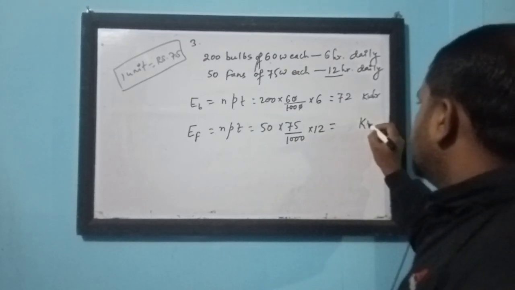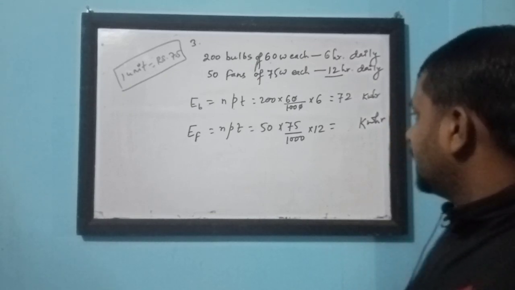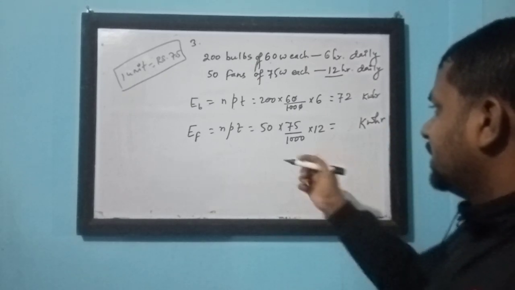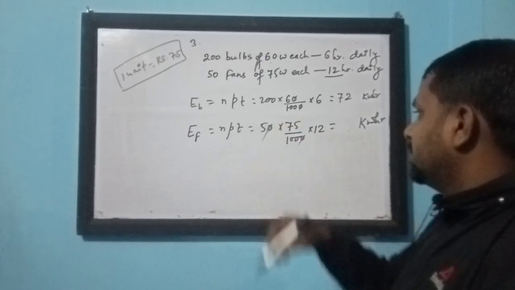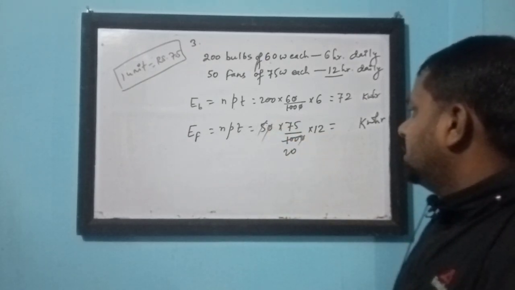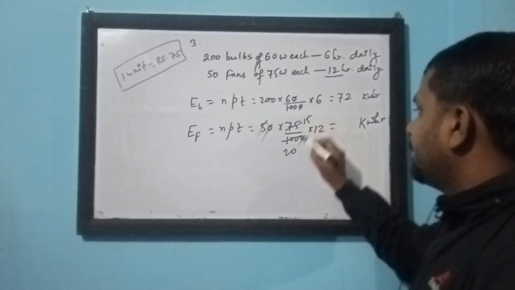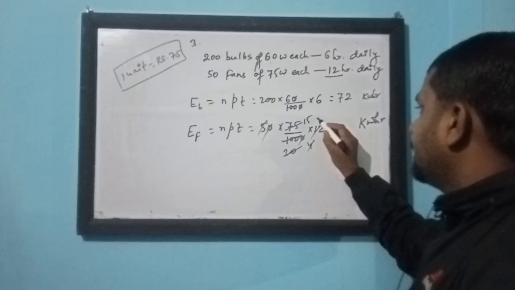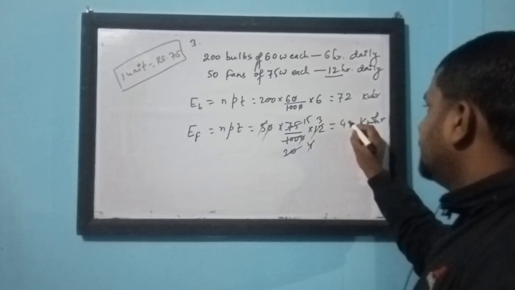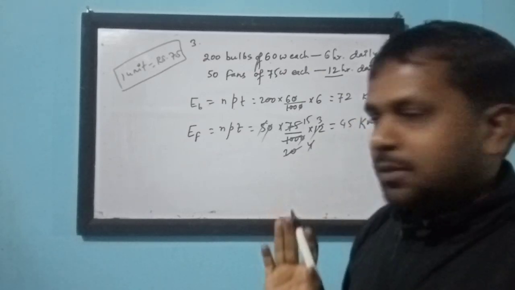If you have a calculator, please calculate it. How much will it come? I think it is coming 45 kilowatt hour. You do it by calculator.